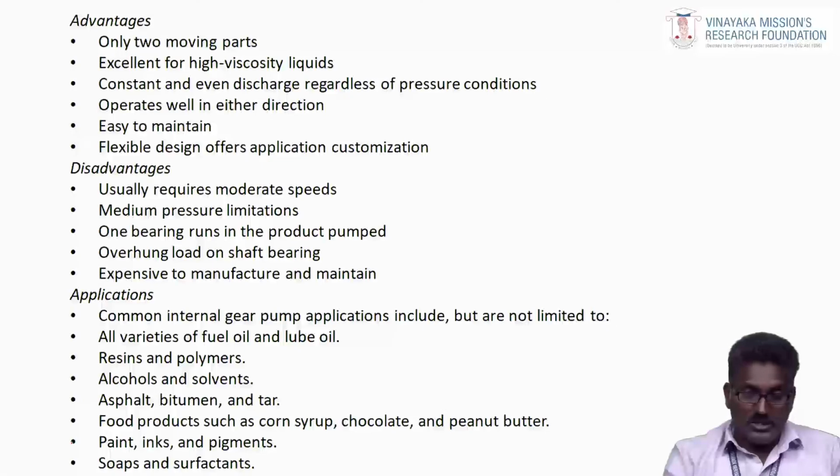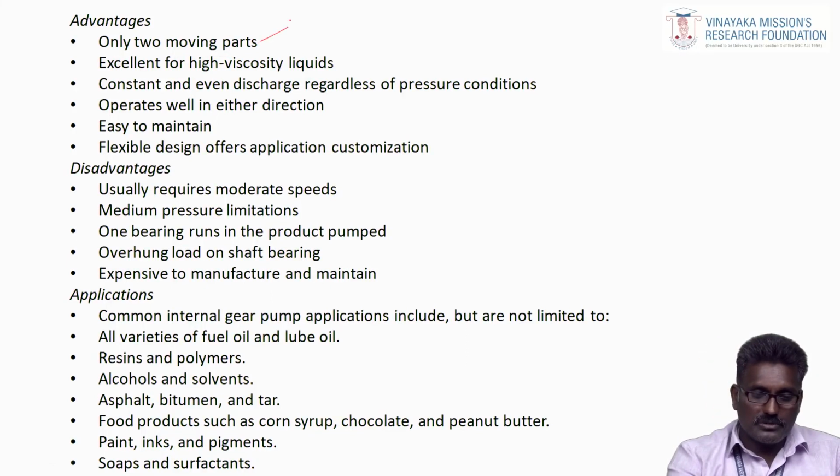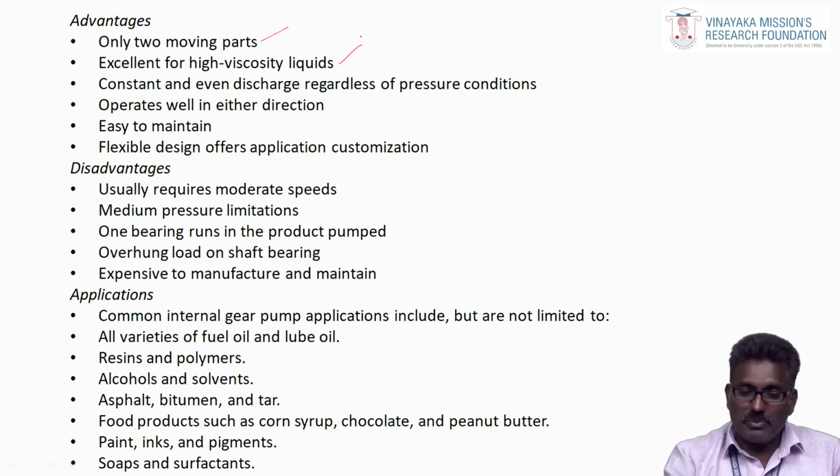The discharge calculation is very similar to the previous one. We discussed the advantages. Only two moving parts, and that is an advantage of this pump. Maintenance is easy, and it is excellent for high viscosity fluids. This pump is used to handle tar-like liquids, and it gives constant and even discharge, a smooth discharge.